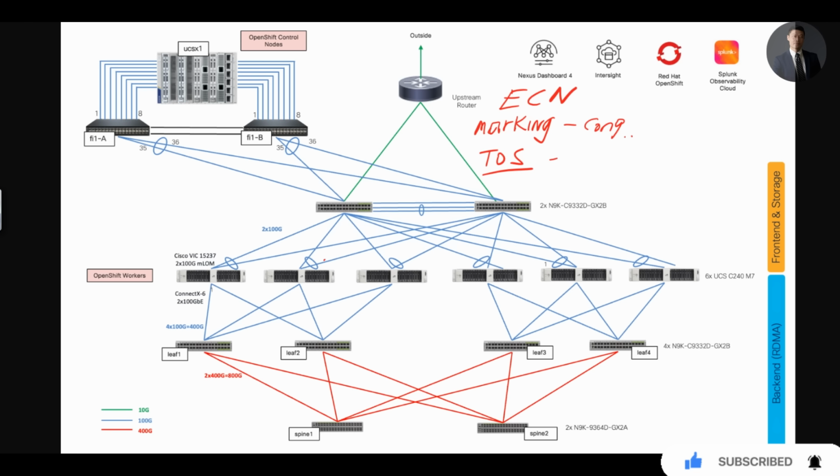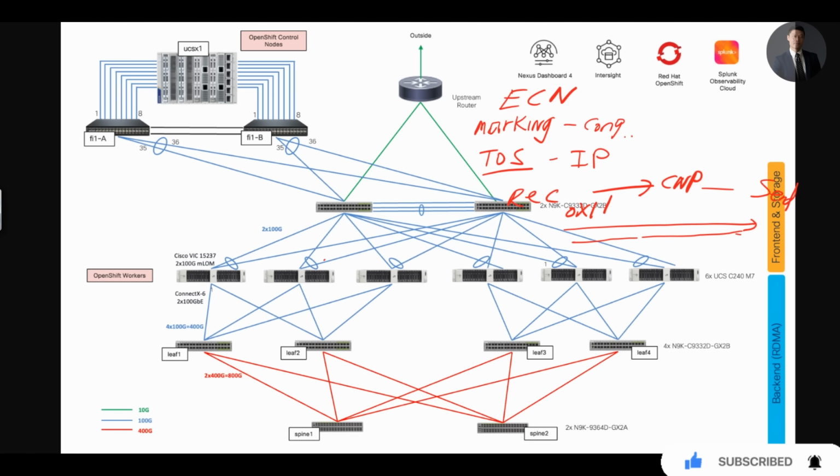When a receiver detects the ECN bit set to 0x11, it will send a congestion notification packet, CNP, to the sender, prompting it to slow down the affected flow. So this flow will have to slow down.